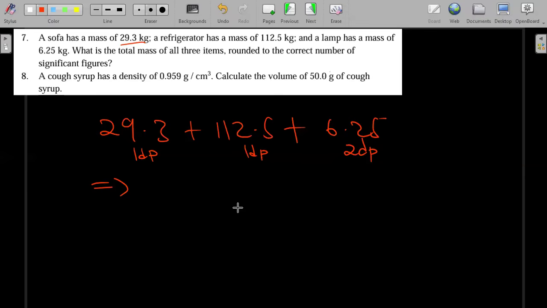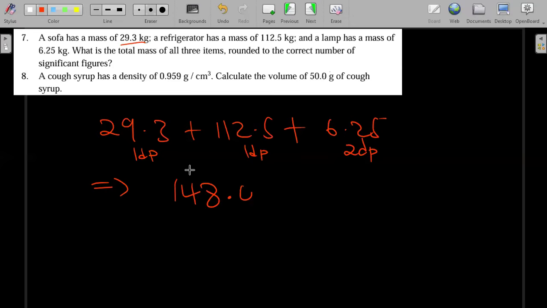Let me just add them. So I have 29.3 plus 112.5 plus 6.25. I'm getting 148.05.